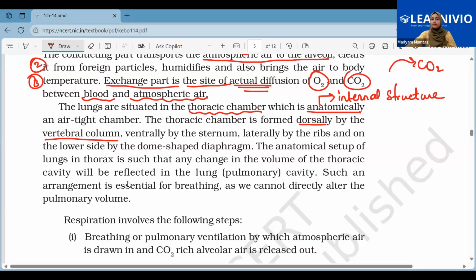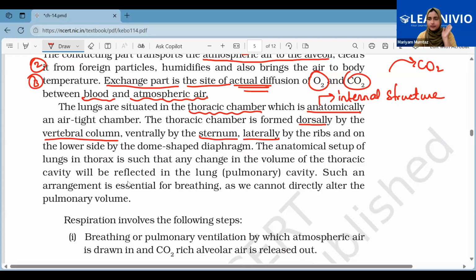Ventrally, meaning in the front, there is one big bone in the middle of the chest called the sternum. And laterally, sideways, we have the ribs, right? So at the back there is the vertebral column, in the front the sternum, and ribs surrounding it on the sides. This is how the thoracic chamber is made.